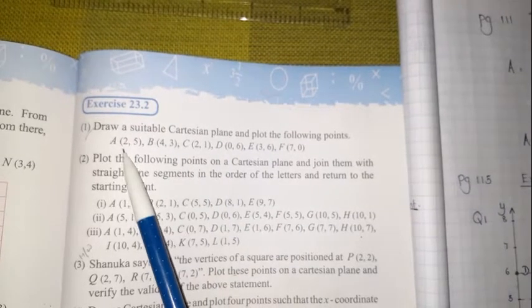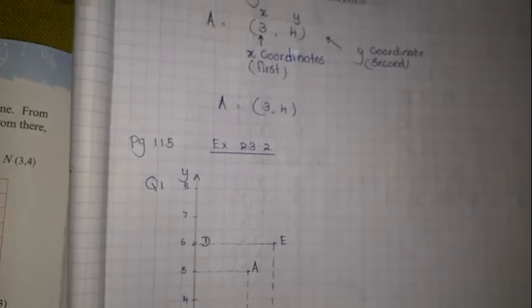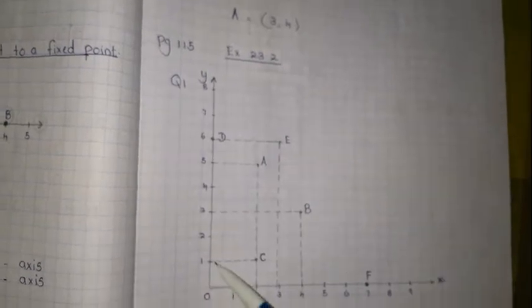Now what is the maximum number? Right, you can see 7. So when you draw, important points: x-axis and the y-axis. Here I have drawn x-axis, here y-axis. I have taken equal gaps and arrowheads.